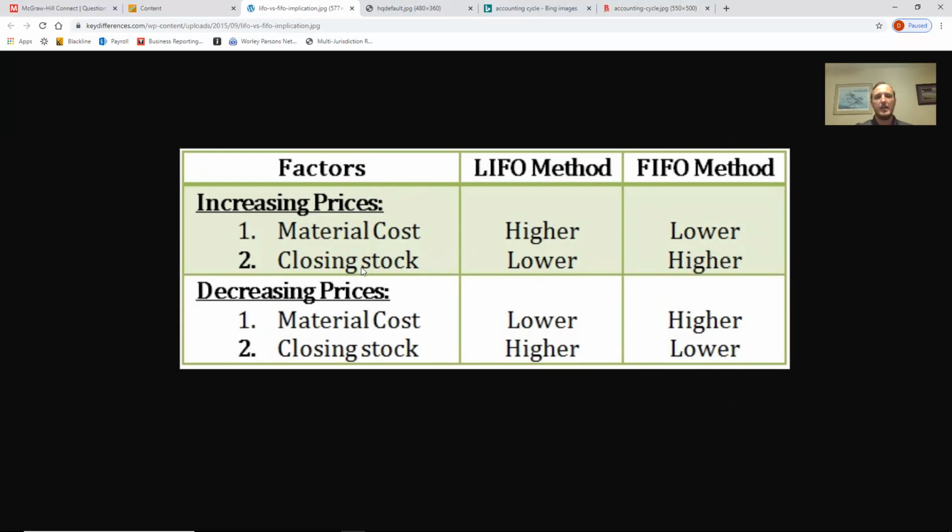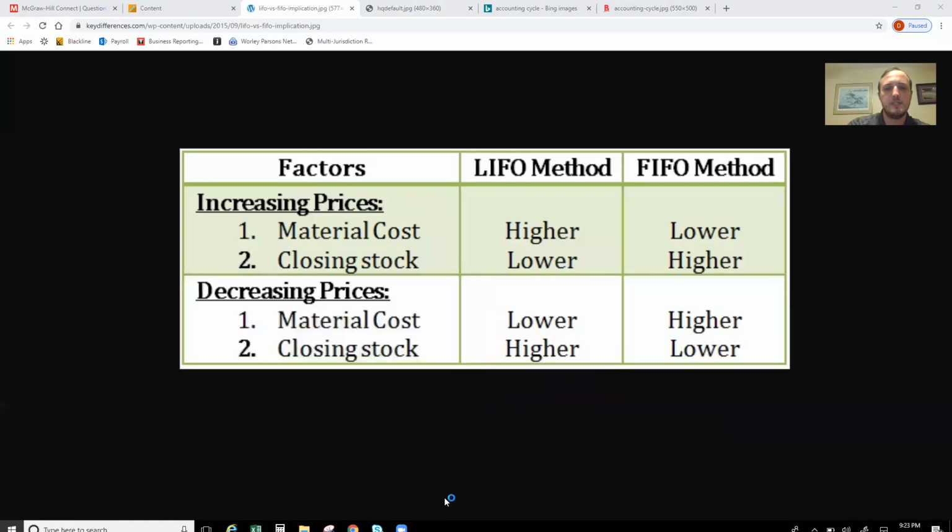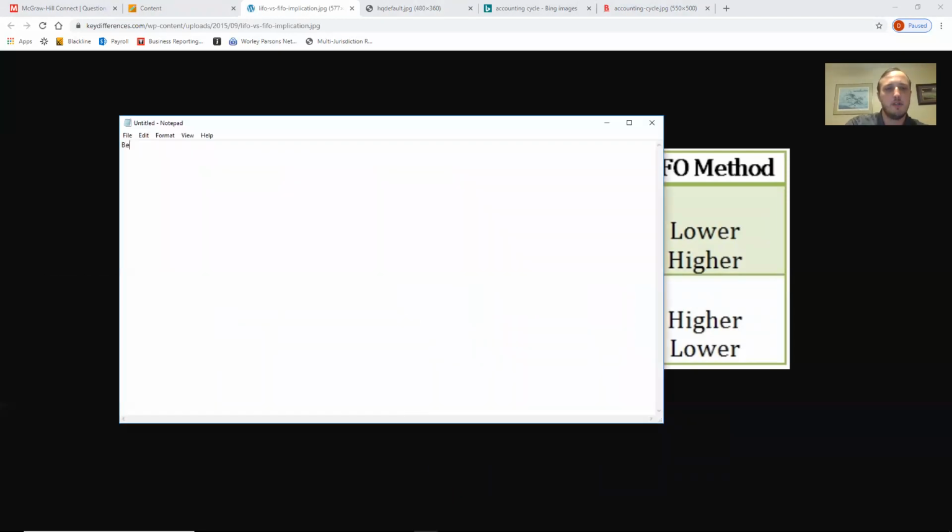ending balance. So if we think back to that formula that we built for the supplies, we're going to use that same formula for inventory. We have our beginning inventory plus our purchases, which is going to have to equal our cost of goods sold plus our ending inventory.